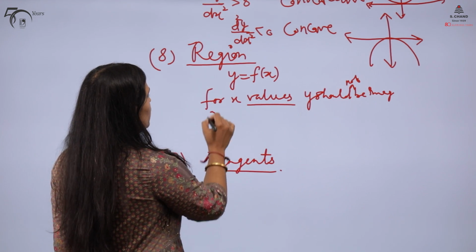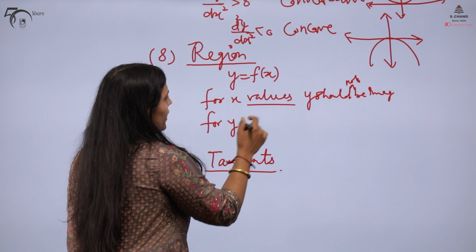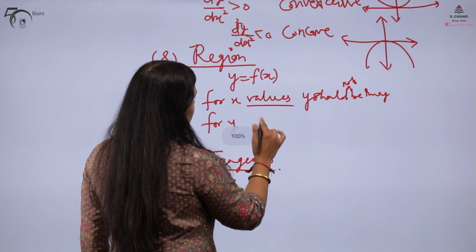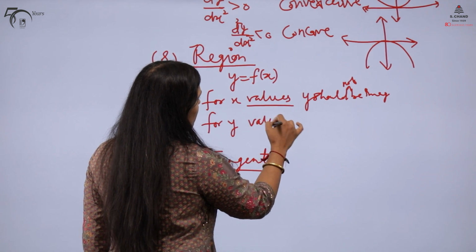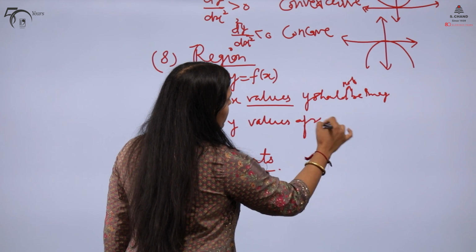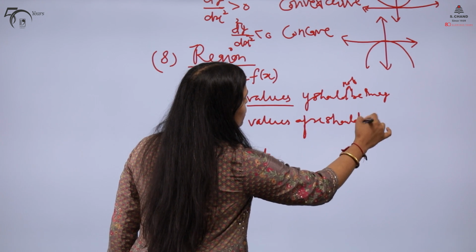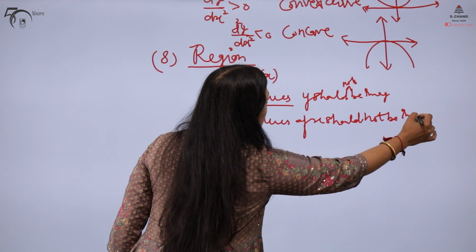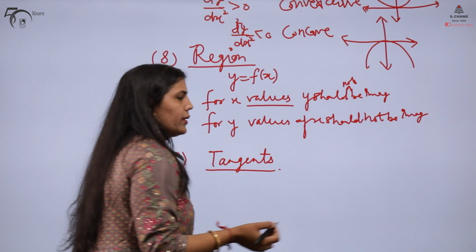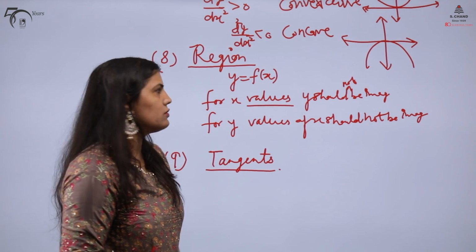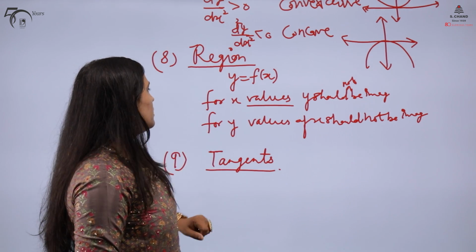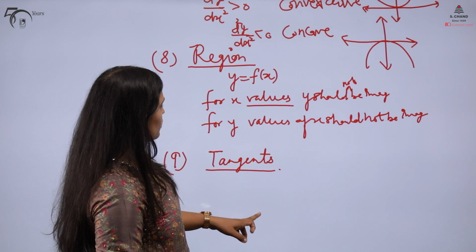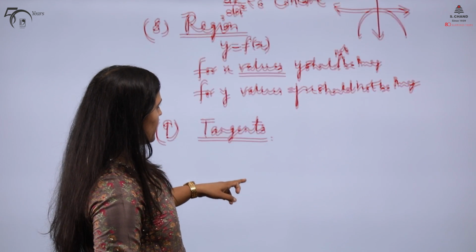The same thing you will do for y: the values of x should not be imaginary. So both ways you will be solving to know where your curve is lying or not lying. Both you will be calculating.